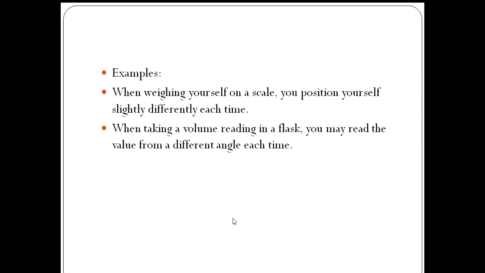Because of that, there will be slight differences in the measurements. Similarly, when we are reading the volume of a flask, you may read the value from different angles each time. Because of that also, there may be error. This type of error is called random error.